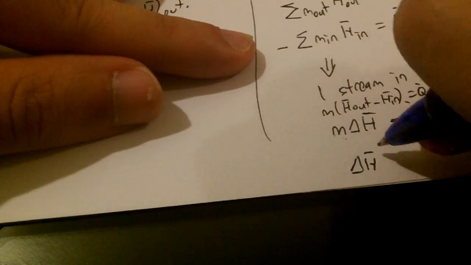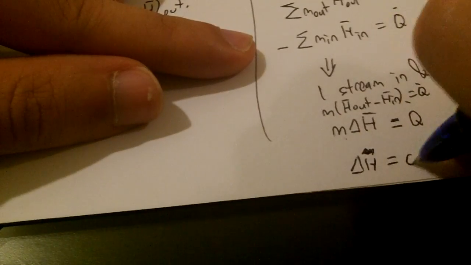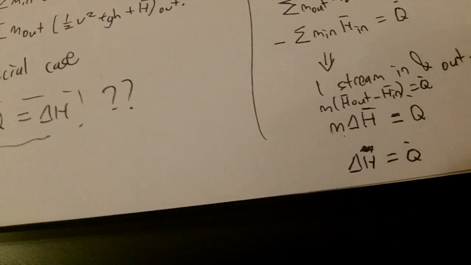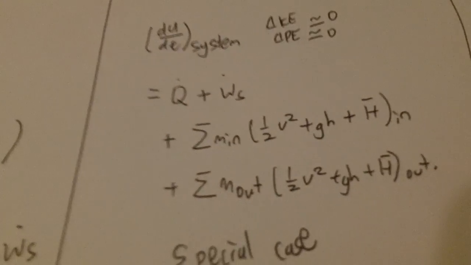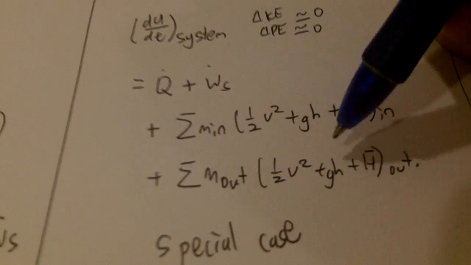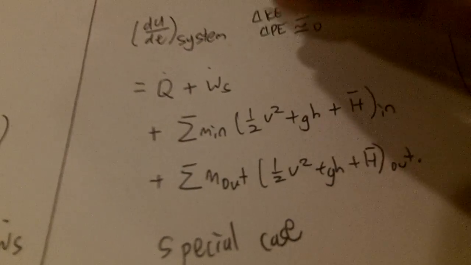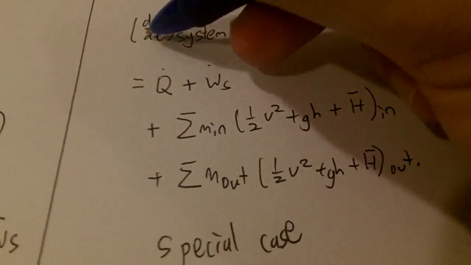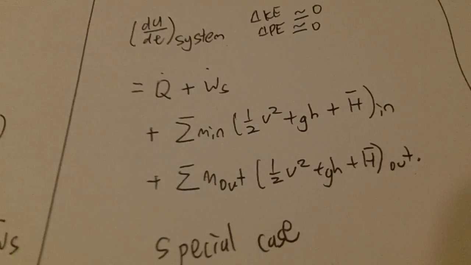Therefore, delta H equals Q dot. Now this is just a special case of this general energy balance. This is what you usually want to use to solve general problems. And if you can assume special cases, you just cancel these terms off accordingly to make them equal to 0 so that your calculations can be simplified.